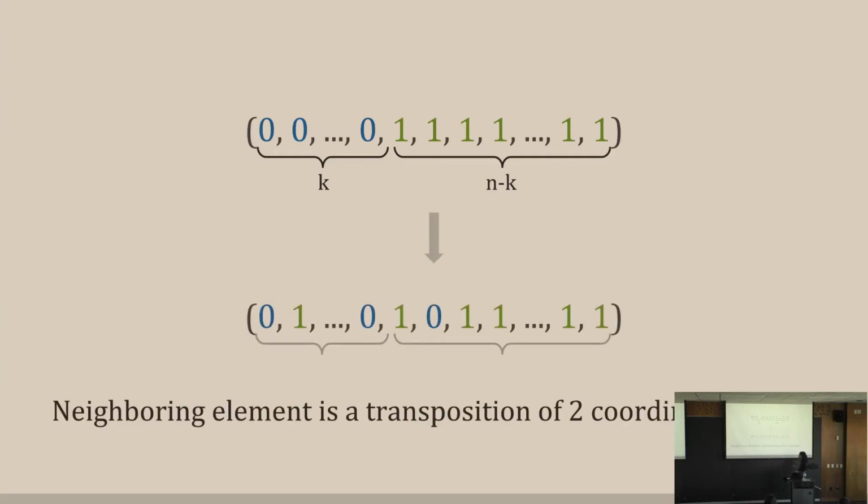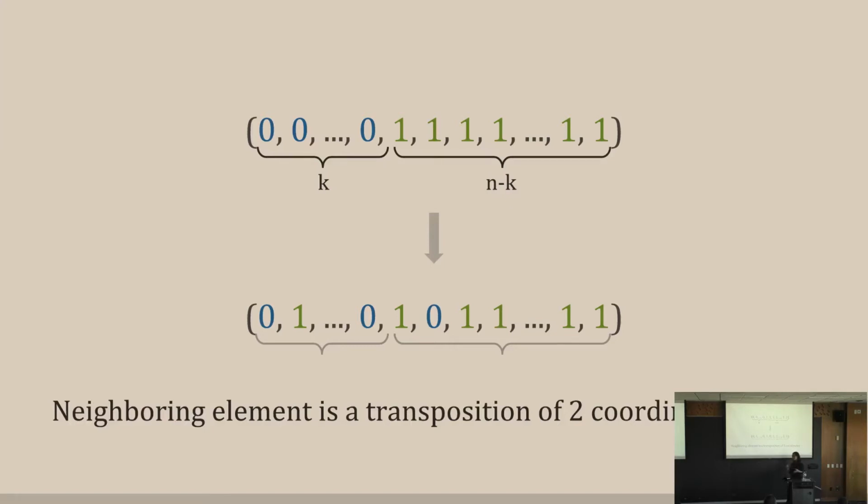So we were talking about doing a random walk on the slice. In order to do that, we need to define what a neighboring element is. In the Boolean cube case, we flip one bit. But in this case, flipping one bit is going to bring us to a different slice, because that changes the number of zeros and ones in the string.